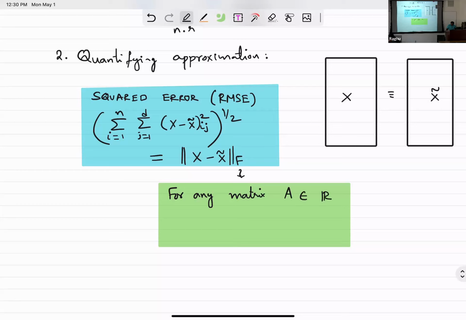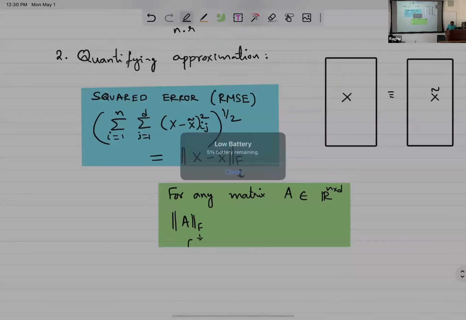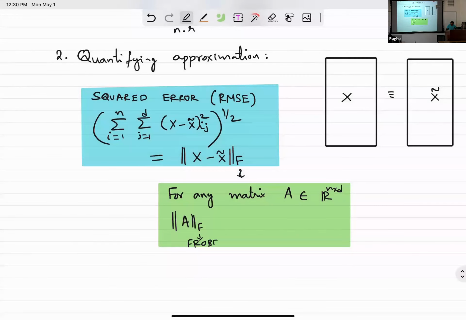If I have any matrix A, then its Frobenius norm is basically the square root of the sum of squares of the entries of the matrix. It's the analog of the length of a vector, but for matrices. It has a different name because of the history and some other properties that we'll talk about.